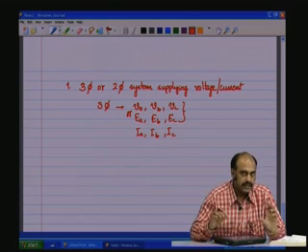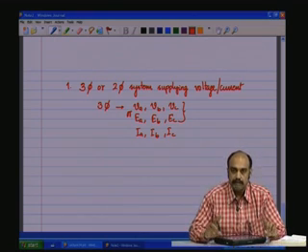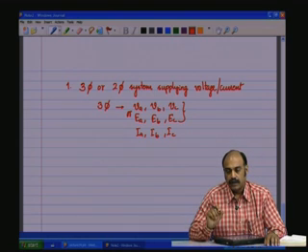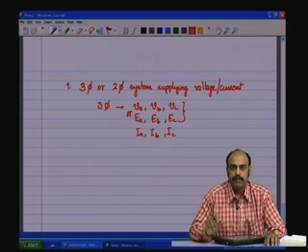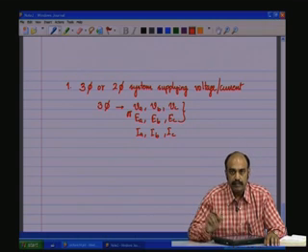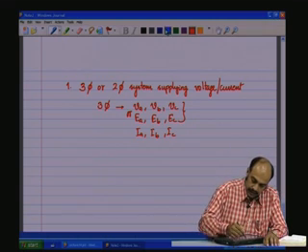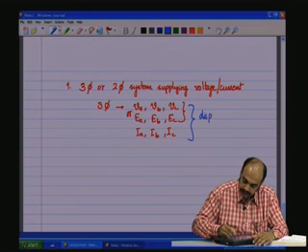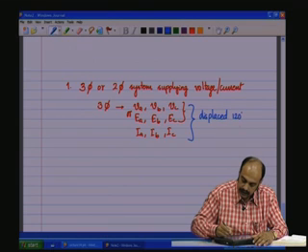Now, all are having the same magnitude and displaced 120 degrees apart, and this displacement of 120 degrees apart is in the time axis.